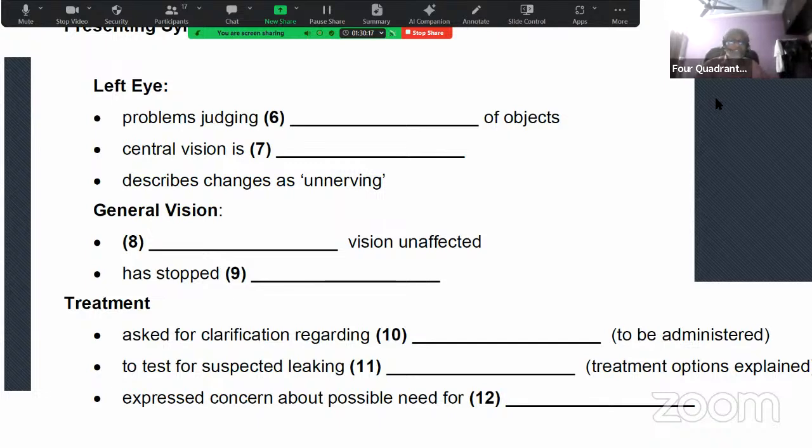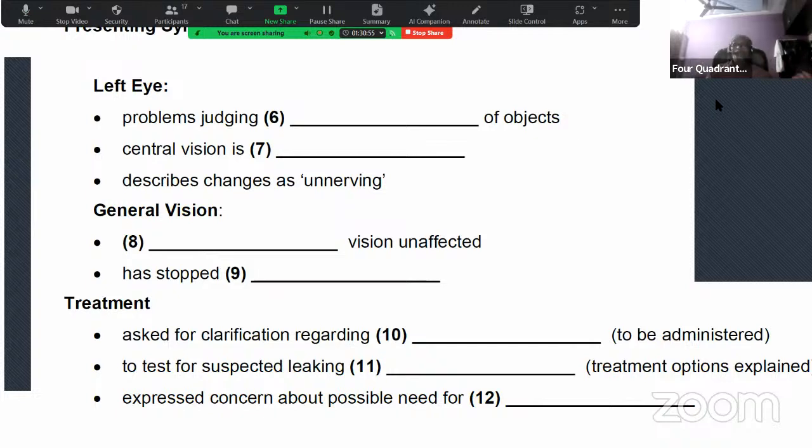Okay. To test for suspected leaking dash. Leaking dash. Bowels, blood vessels, leaking. To test for suspected leaking, veins, arteries, okay, blood vessels.